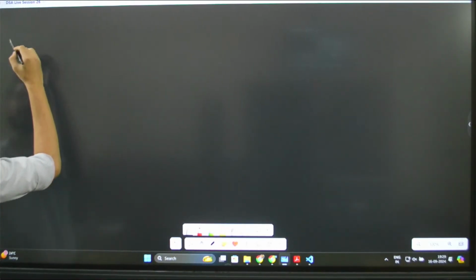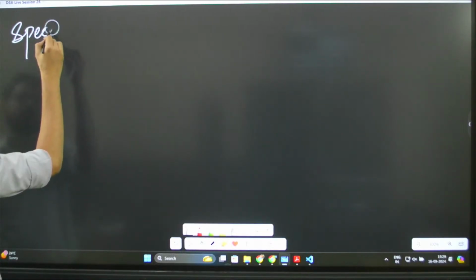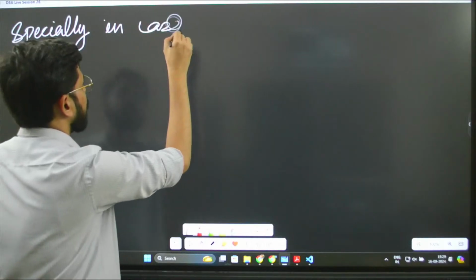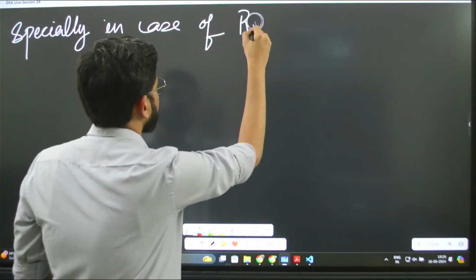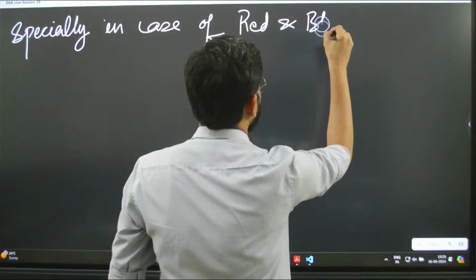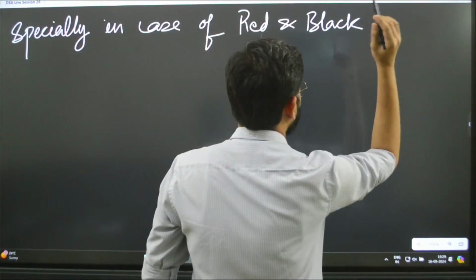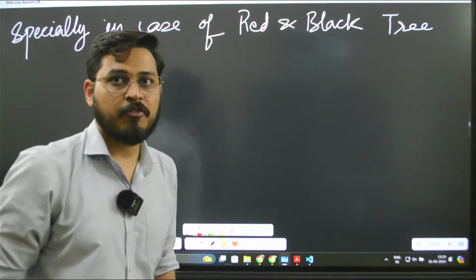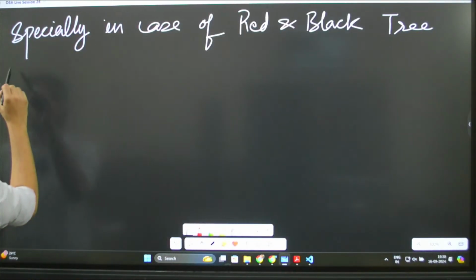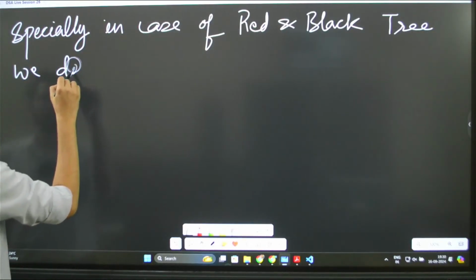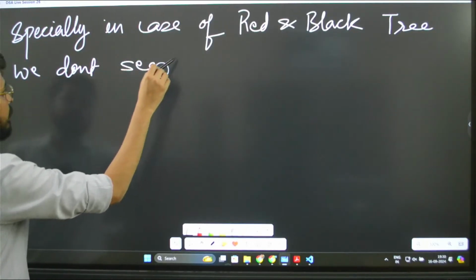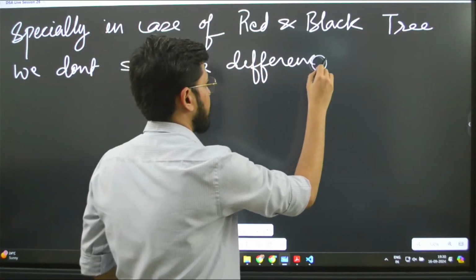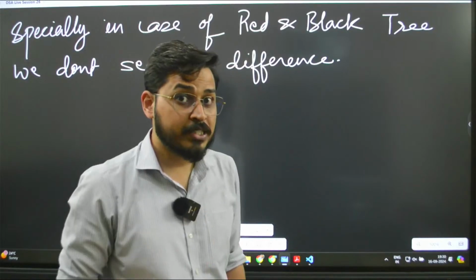Especially in the case of red and black tree, we don't see the difference. Then what do we see?